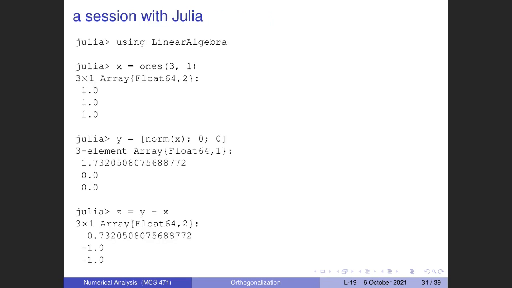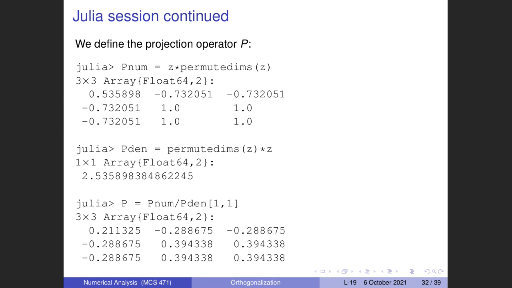All right, as an exercise, I could have asked you to do this in Julia, but I did this exercise now myself. So here you see how you can verify. The square roots don't come out that nice, of course. It's a numerical exercise. We define z, and then we define the projection operator, where the transpose is here.